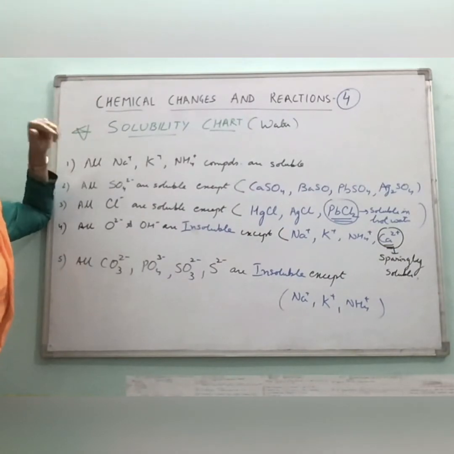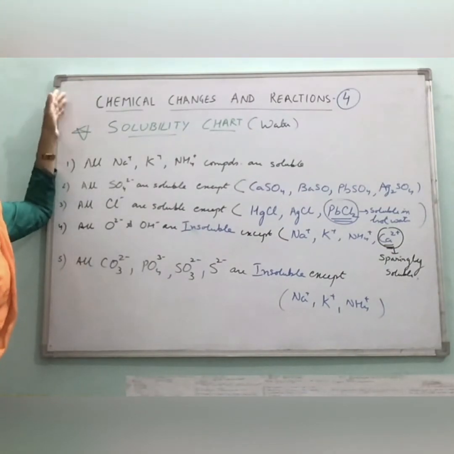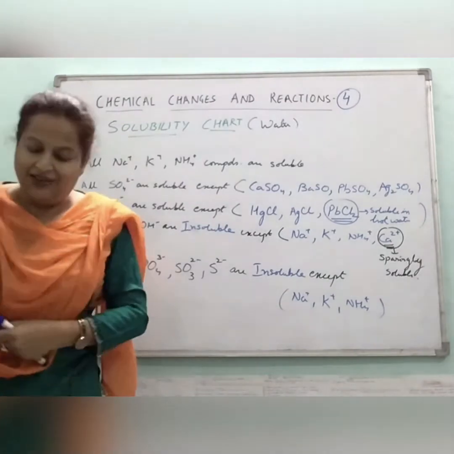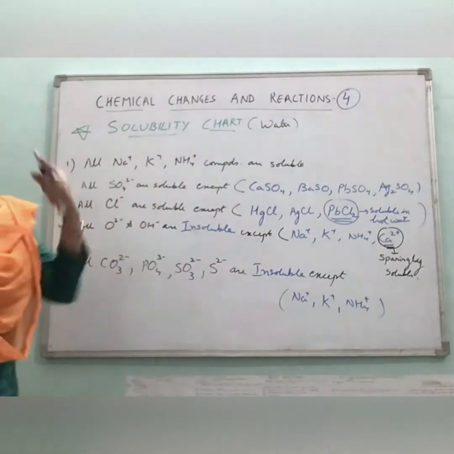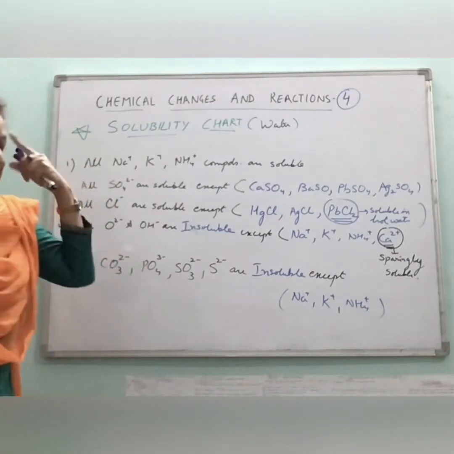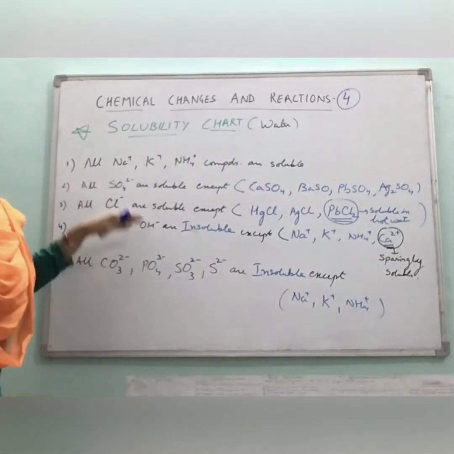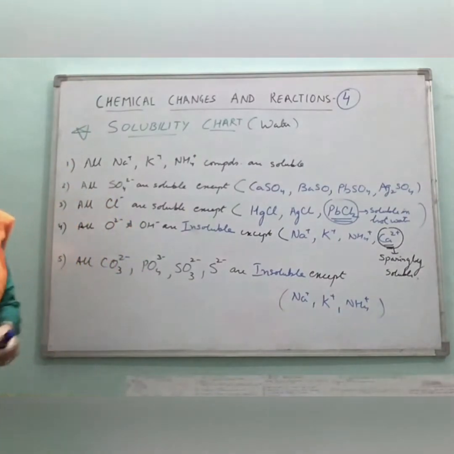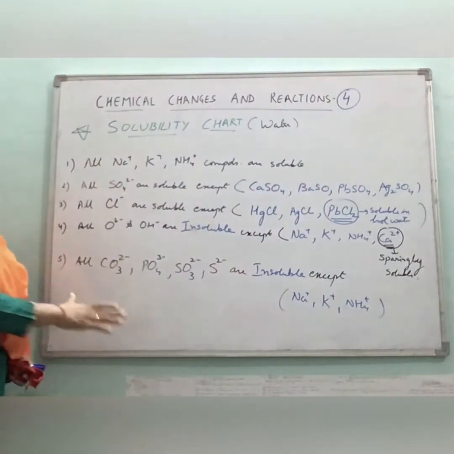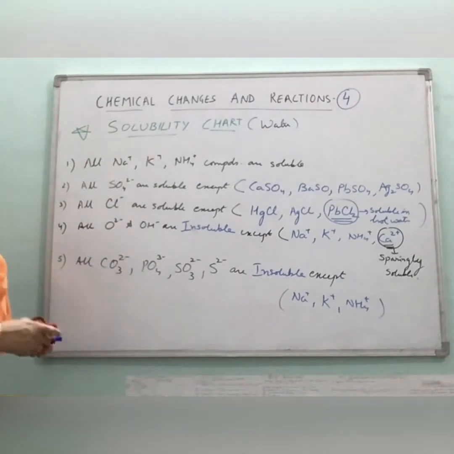Precipitation, which is an example of what? Double decomposition type of reaction. Right, children? Is it clear? So this should be noted down, and you have to memorize it by heart, because this would help you remember which compounds are soluble and which are insoluble in water. Remember these 5 points? So make sure you write it in your notebooks.